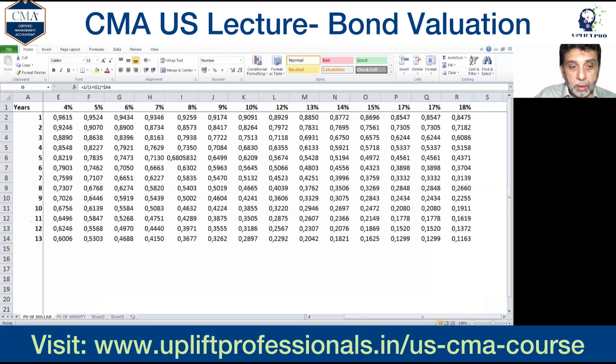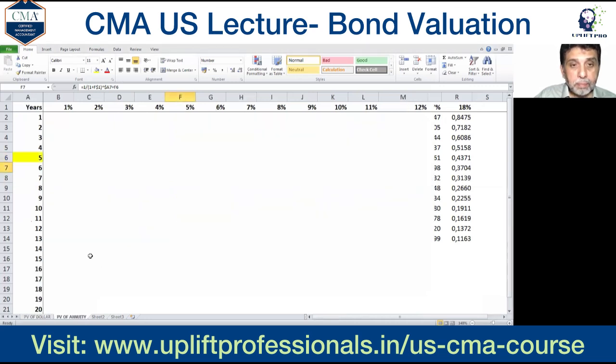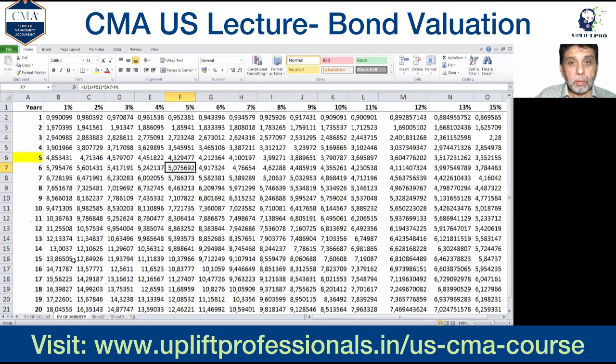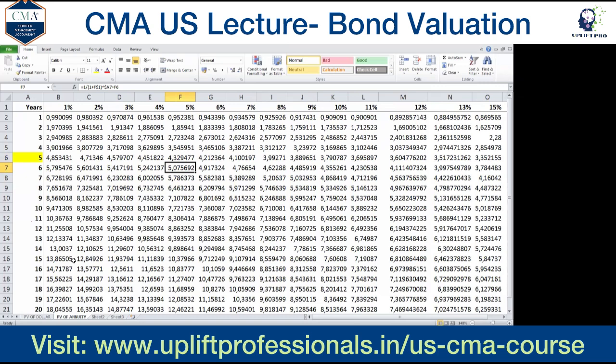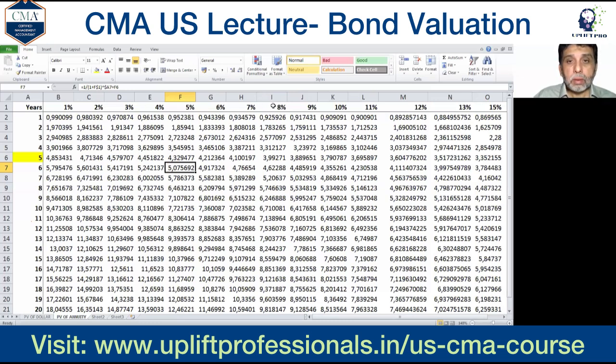Present value of an annuity table. Now, which one will you pick up? Which is the value you'll pick up? 3.99271, sir. 8% for 5 years. 3.99271.